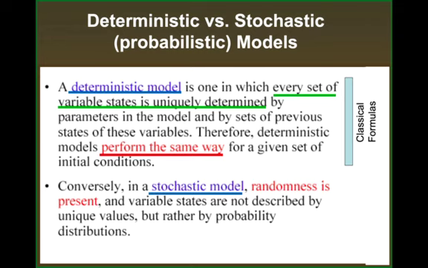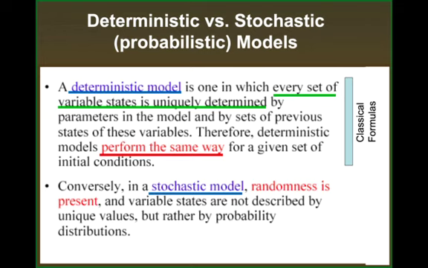In contrast, a stochastic model isn't a simple formula in the sense that the variable states are uniquely determined by parameters in the model and by sets of previous states of these variables. Instead, with a stochastic model, randomness is present, and variable states, or parameters, are not described by unique values, but rather by probability distributions.